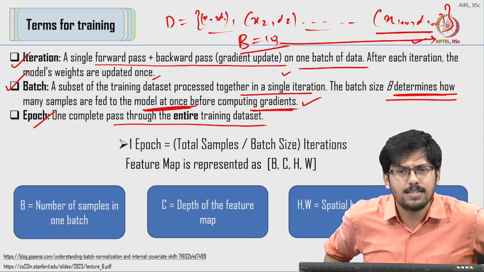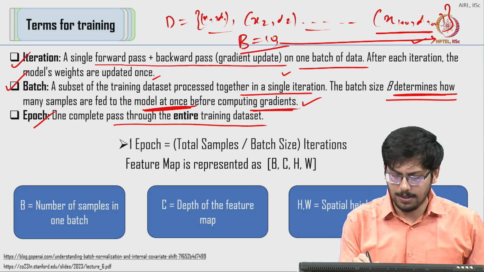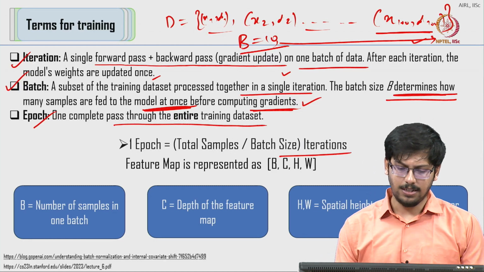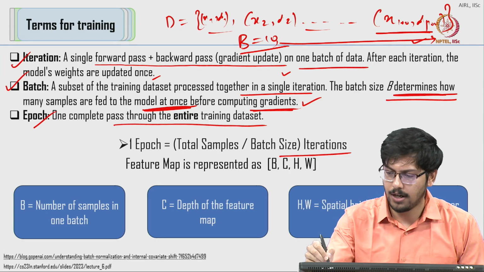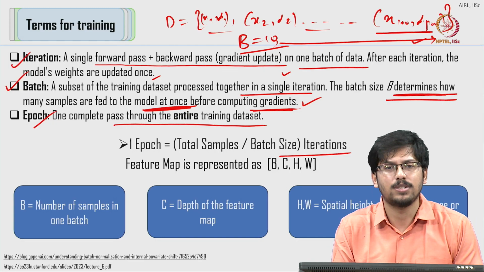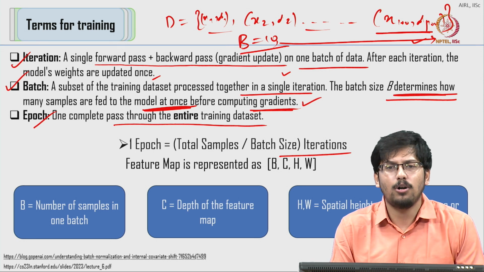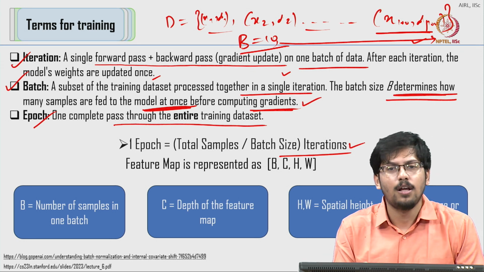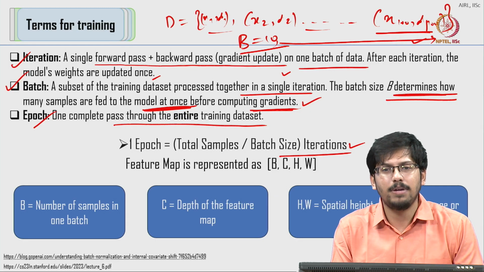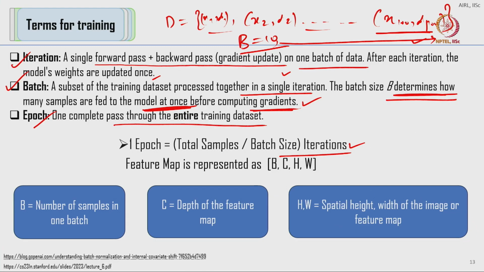So one epoch is essentially the total number of samples divided by the batch size. In this example, if I had 100 samples and my batch size was 10, my epoch is 10 iterations. These are some of the main terms which we use during training.